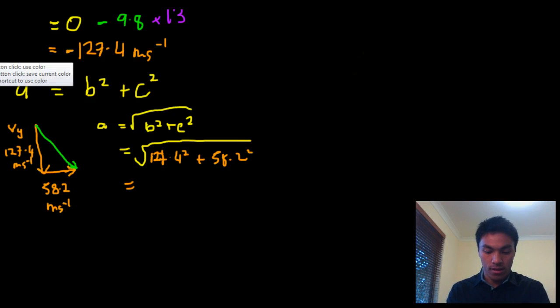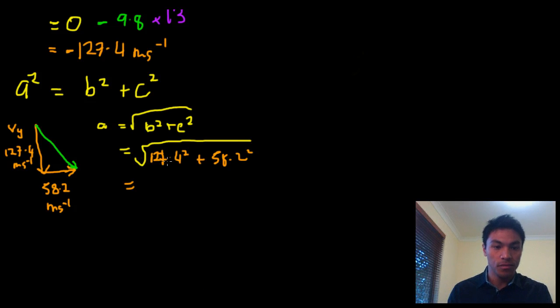Square root of 127.4 squared plus 58.2 squared equals, it should equal 139.70, almost exactly, but with a few more decimal places, meters per second.